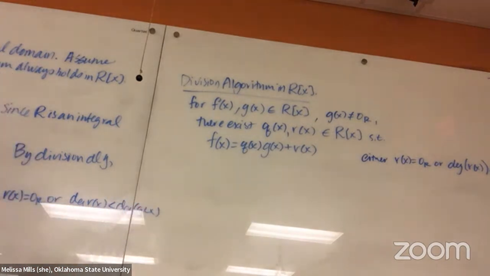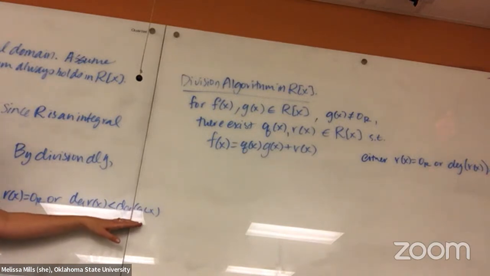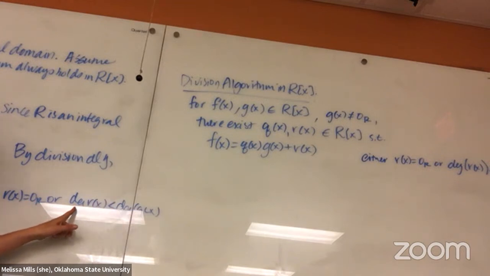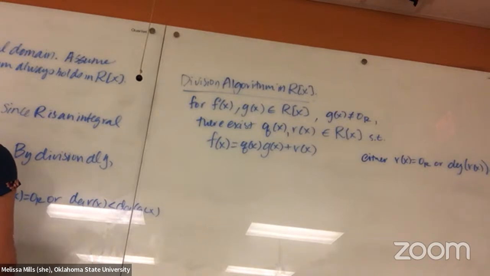But the degree of G of X is 0, right? So this part of the condition can't hold. It can't be strictly less because you can't have a negative degree. So since the degree of G of X is 0, that is forcing R of X to be equal to 0 R. So what we get is that 1 R is equal to A times Q of X. So we're going to let Q of X equal A inverse.